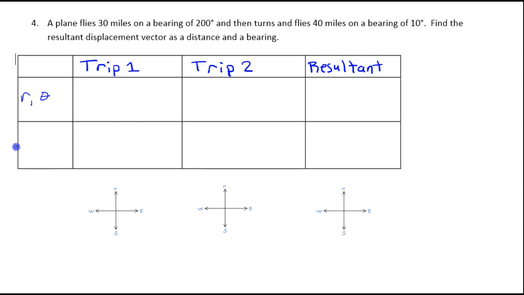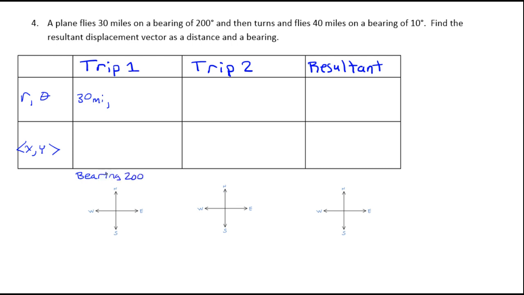In the second row we will record the component form for each vector, the horizontal and vertical components. So let's see. The plane flies 30 miles on a bearing of 200 degrees. The 30 miles is the magnitude. So 30 miles. And then we've got this bearing 200. I'm going to have to come back to that.